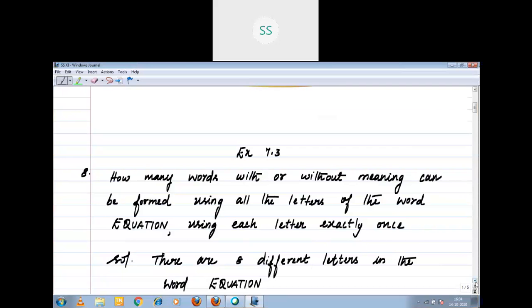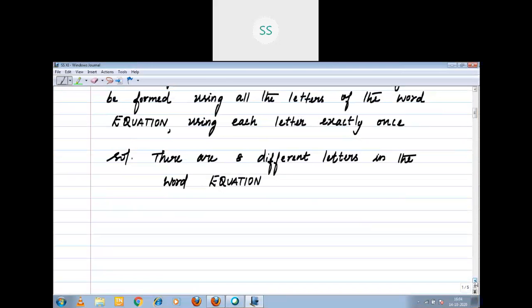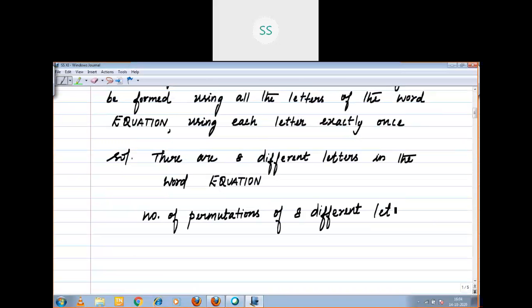That is the meaning. So the number of permutations of 8 different objects, that is 8 different letters, taken 8 at a time, because they said all at a time, is 8P8.